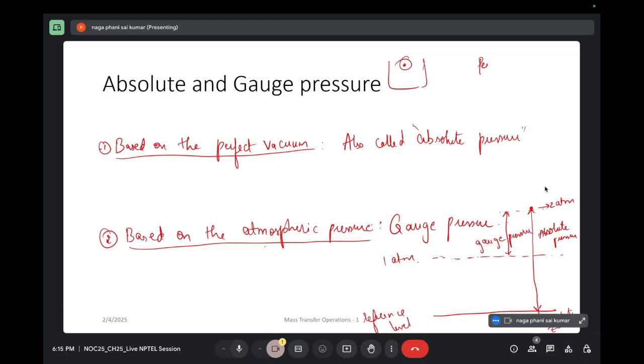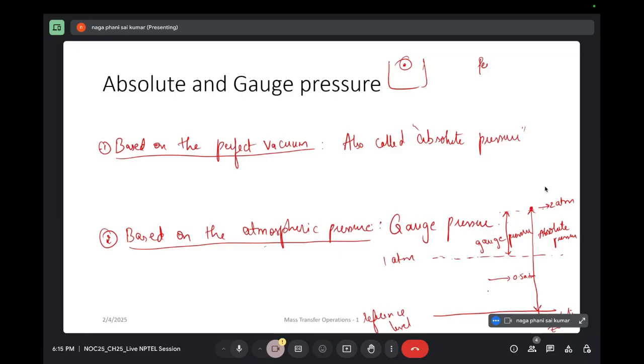This can also be the opposite way. Let's say this is below atmospheric pressure, somewhere here, and this is for example 0.5 atmospheres.